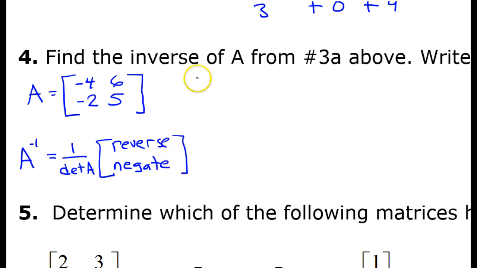I'll show you what I mean by that. Reverse negate. You'll hear me say that a few more times. First we need to find the determinant because that's part of the formula.